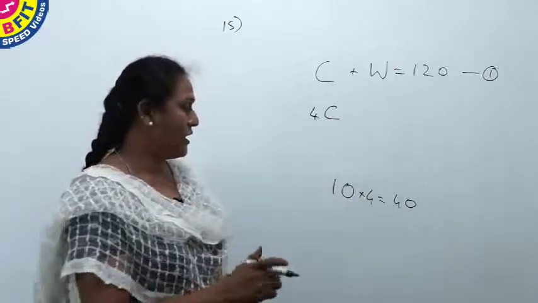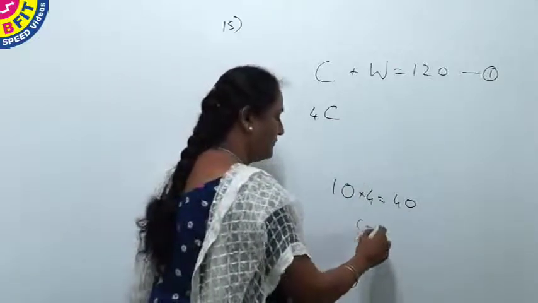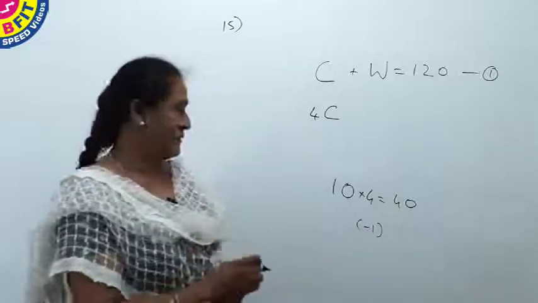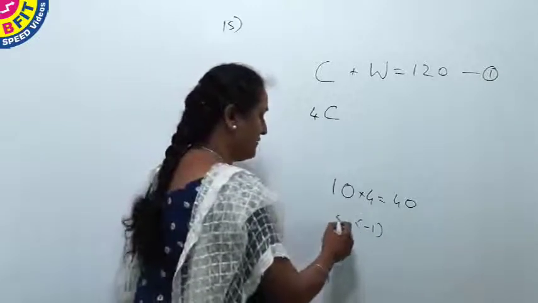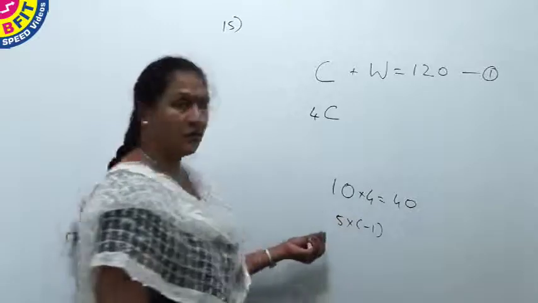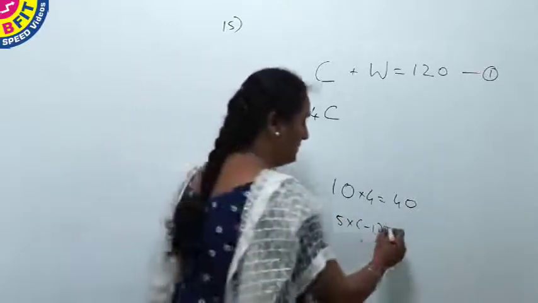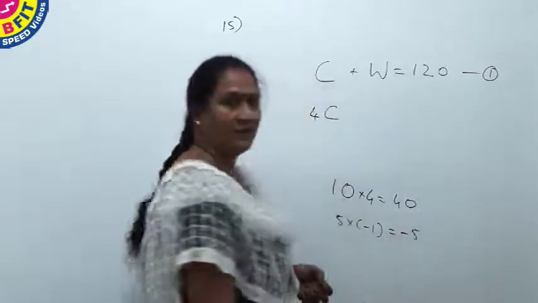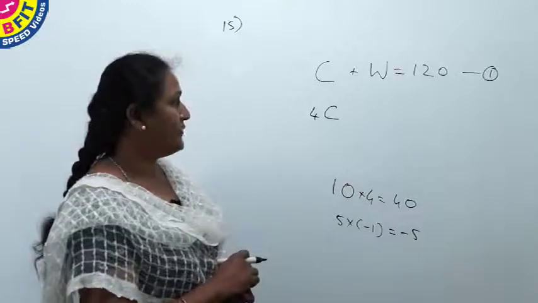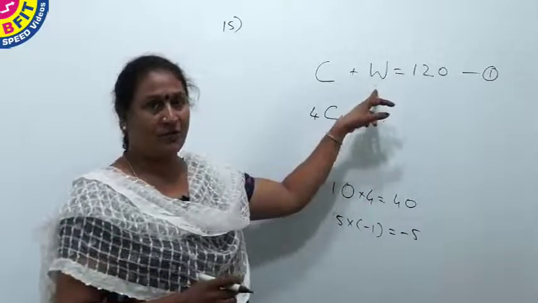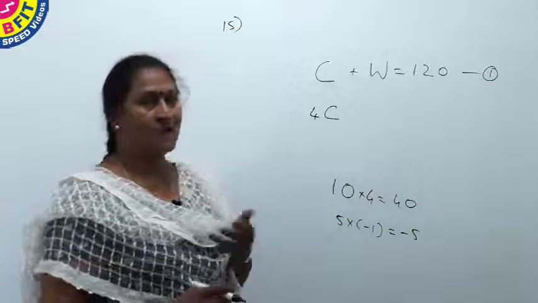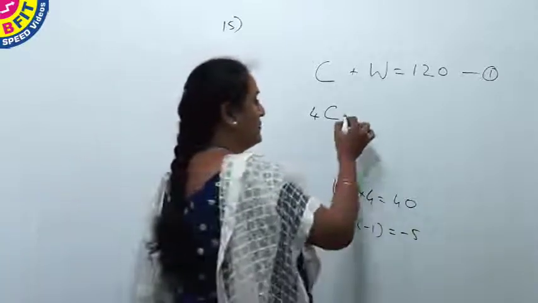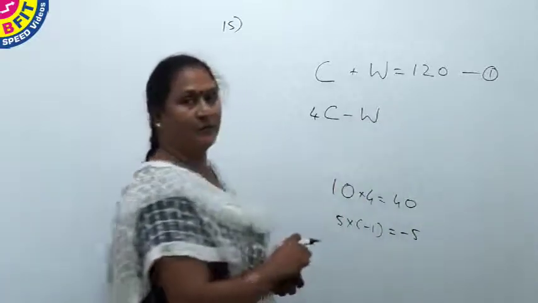For every wrong answer, he will lose 1 mark. If 5 answers were wrong, he will lose 5 into minus 1, minus 5. Here we have taken the number of wrong answers as W, and for each wrong answer minus 1, so it is minus W.